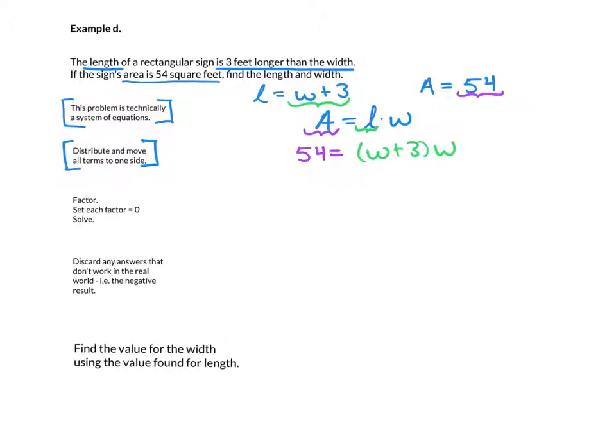If we do that, we get 54 equals W squared plus 3W.